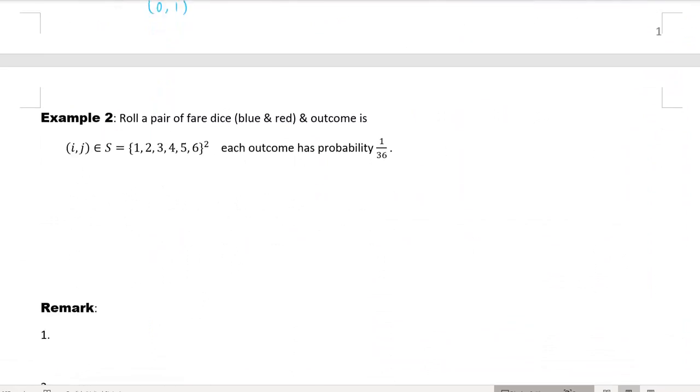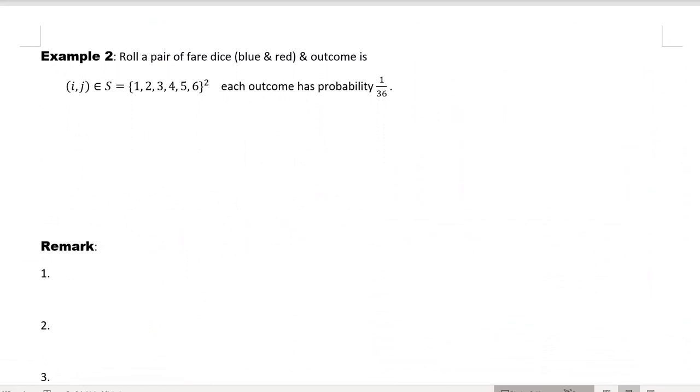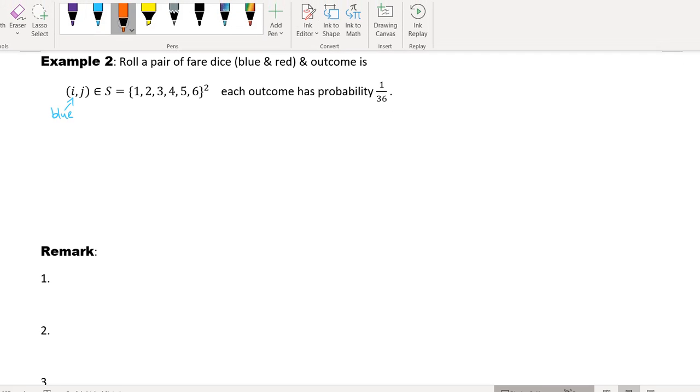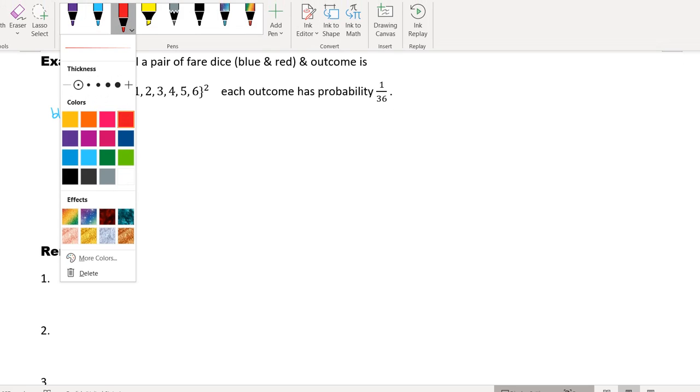All right. Example 2. Roll a pair of fair dice, blue and red, and the outcome is, okay, so blue and red, so that's why it's like we have an ordered pair i and j, and the die has 6 faces, so that's why we have 1, 2, 3, 4, 5, 6. Okay, and let's say the first one is the blue die, and then the second one is the red die.